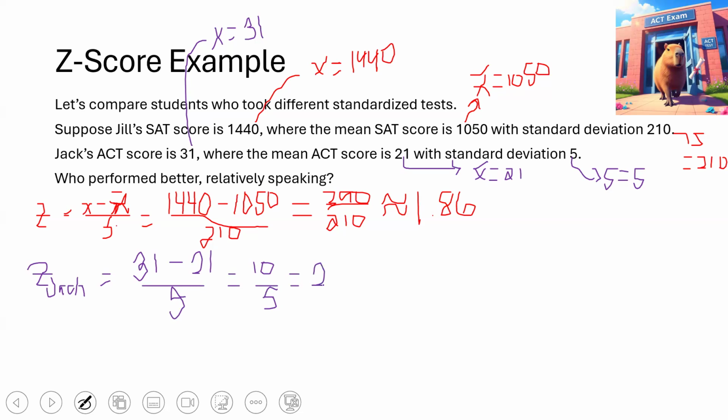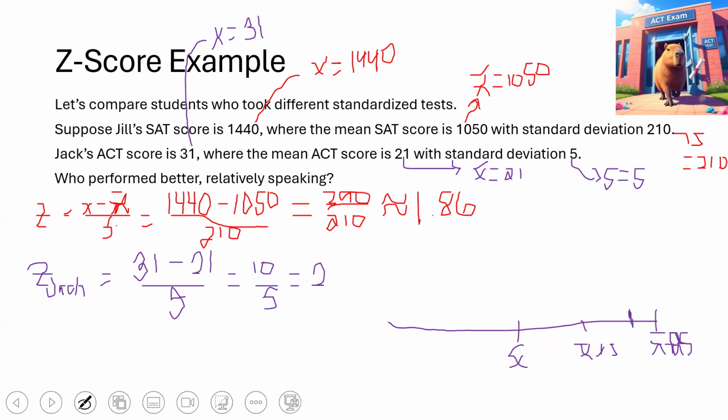So that's our mean, x bar. One standard deviation up and 2 standard deviations up, that's 2 times s. So Jill is right here at 1.86.